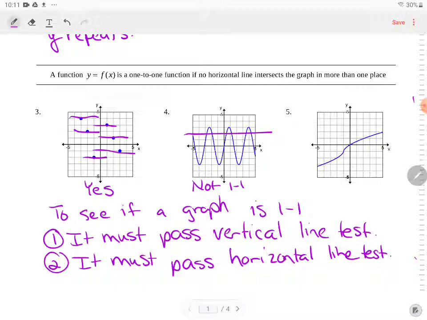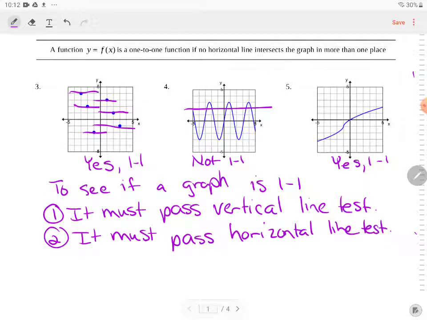Number 5 passes the vertical line test and also the horizontal, so yes, one-to-one. So with the 2 types, sets with ordered pairs, x and y cannot repeat. If it's a graph, it must pass the vertical and horizontal line tests.